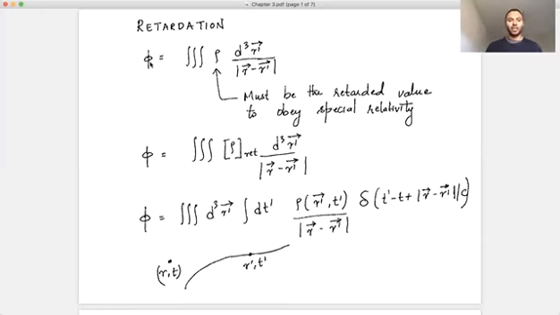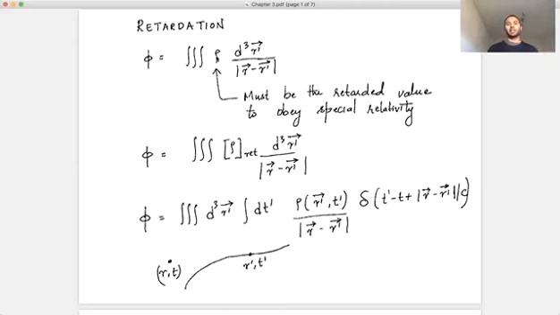Now this equation is fine if the charge is just sitting there and not moving, but once the charge is moving, this equation is immediately problematic, because the way it's written, it looks as though all the time coordinates are completely synchronized between the charge and the place where you're measuring the potential.